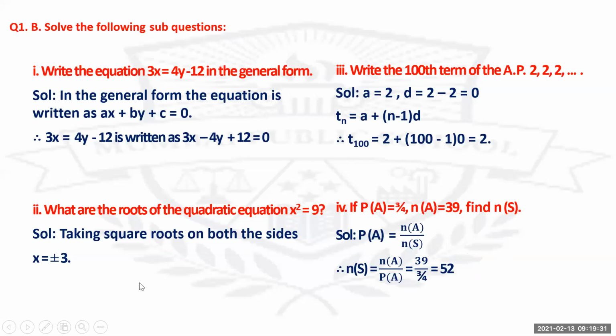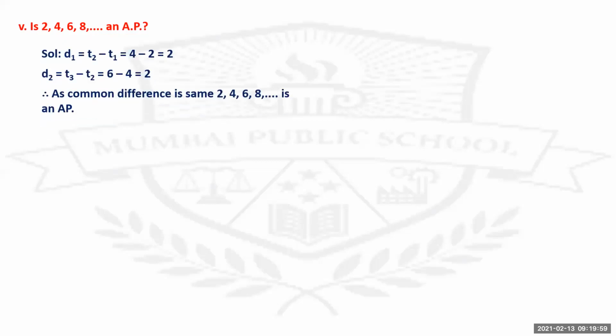So let's move ahead with the next set of questions. Now, is 2, 4, 6, and 8 an AP? Check whether it is an AP or not. It depends on the difference. If the difference between the terms is the same, we'll say that 2, 4, 6, 8 is an AP. So we'll find the difference.